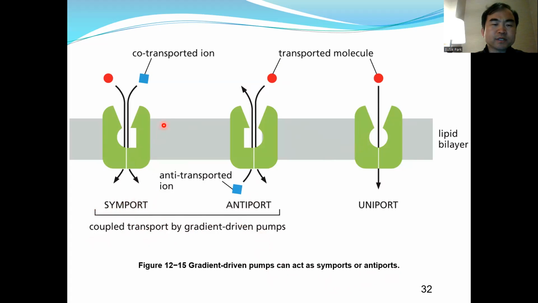Symport is like in this case: the transported molecule and the co-transported ion move in the same direction, and that's symport. If the co-transported ion moves in this direction and the transported molecule moves in the opposite direction, then we call it antiport. And when only one transported molecule moves, we call it uniport.